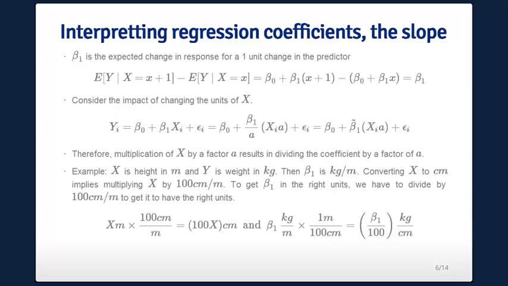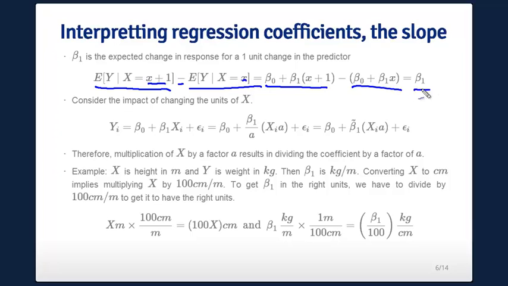Okay, let's talk about interpreting the slope now. Imagine if we took the expected value of y given x took the specific value x plus 1, minus the expected value of y given x took the specific value x. That would be beta naught plus beta 1 times (x plus 1), minus beta naught plus beta 1 x.